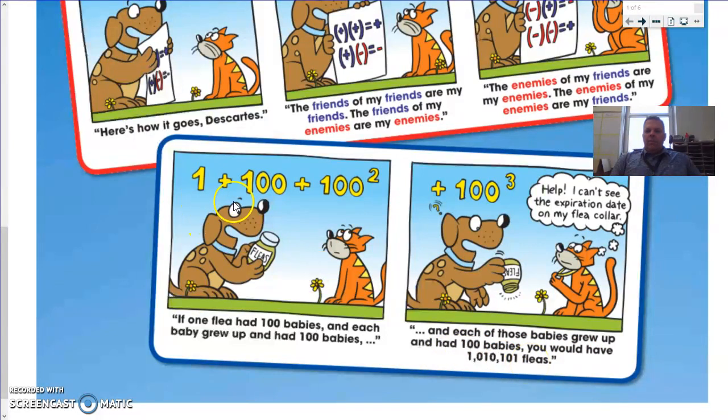So we have 1 plus 100, because there's the 100 babies for that first one. Each of these had 100 babies, so that's 100 times 100, and each of these had 100 babies, which is 100 times 100 times 100. And as you can see, it says, help, I can't see the expiration date on my flea collar, because he's a little nervous with all of those fleas.